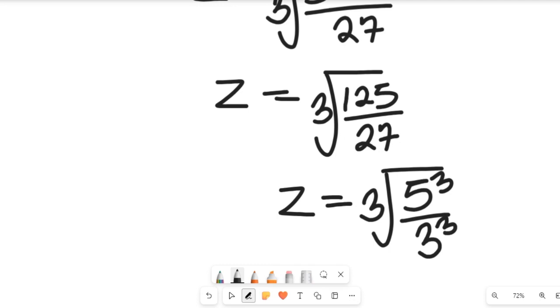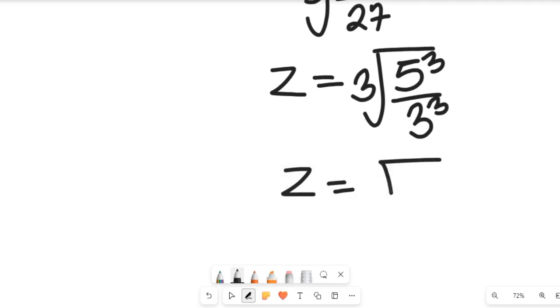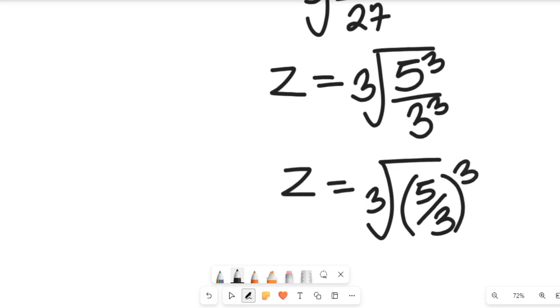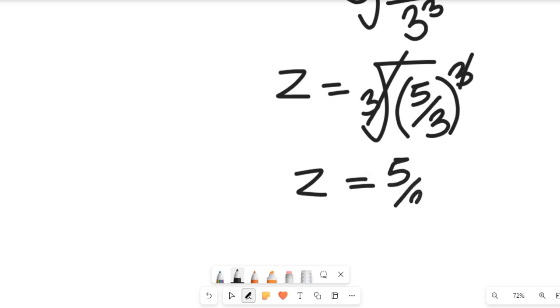So this can be simplified further to give us z to be equal to the cube root of, according to the law of indices, 5 divided by 3, all to the power of 3. So with this cube root can clear this cube root, this cube can clear that cube root, and then our z will be equal to 5 divided by 3.